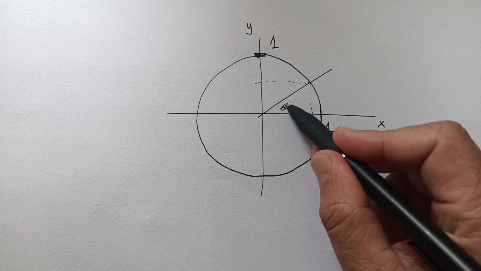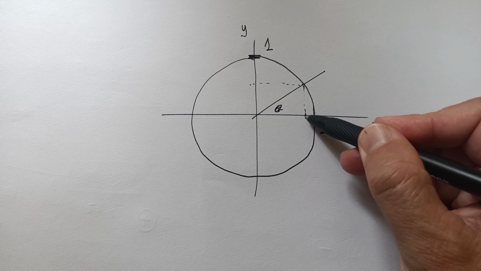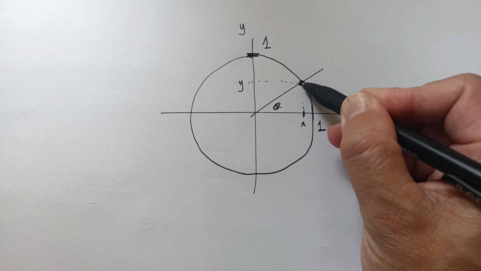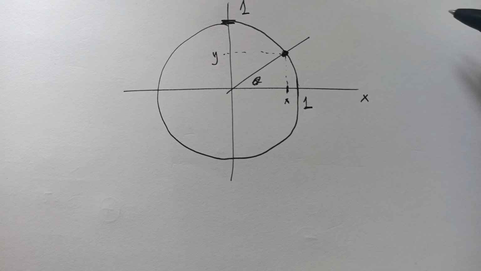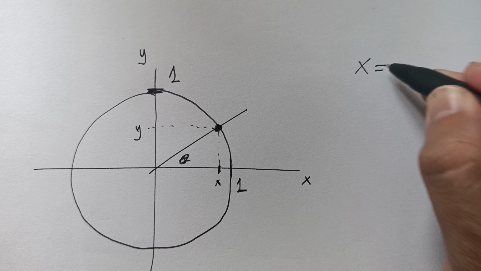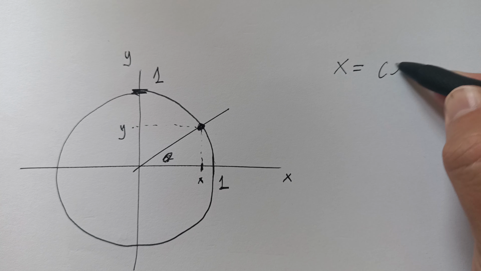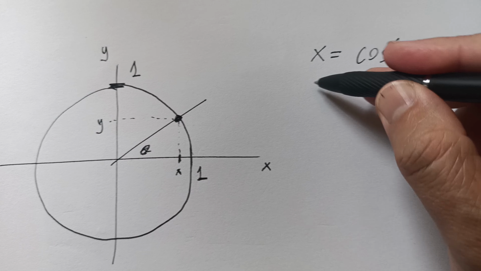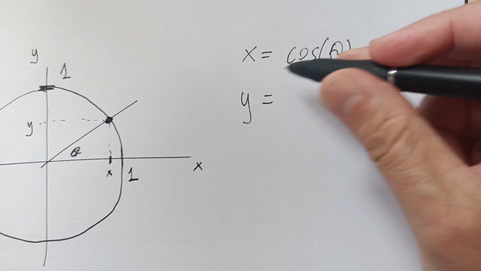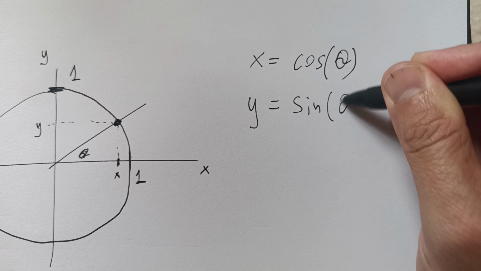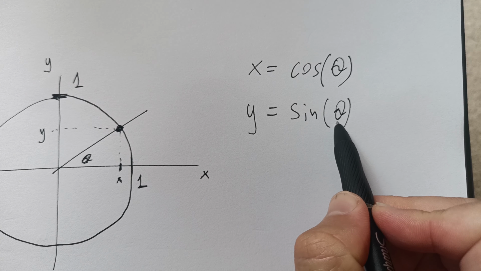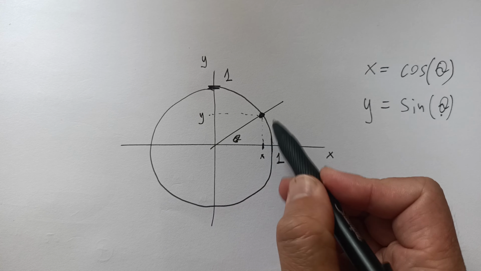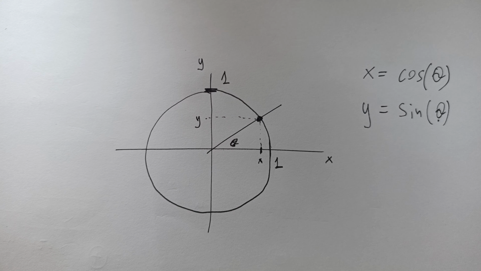So we can convert the angle to the coordinates x, y, and then we can position on the circle. So what we have is that x equals cosine of theta, this would be obvious for most of you, but repetita iuvant, said the Latins, the things repeated help. And then we have the y, it's sin of theta. So we have the angle and we can get the x, y. This is what we want.